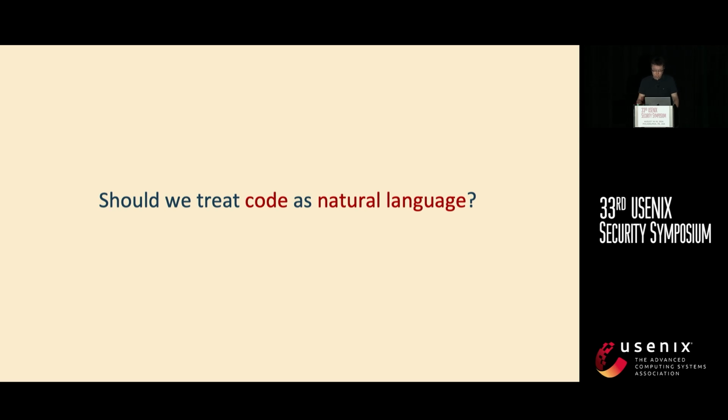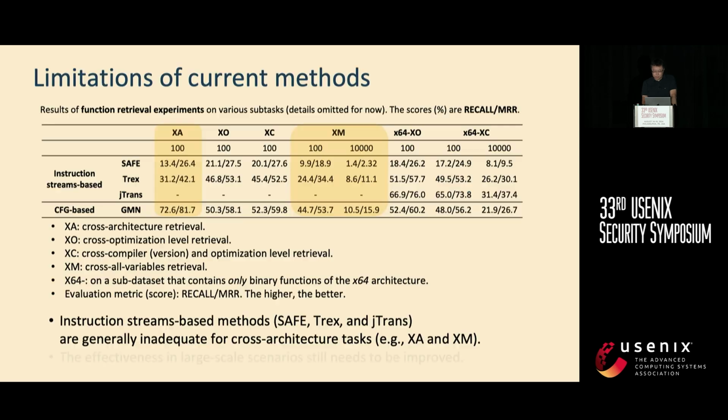Should we treat code as natural language? Our intuition is that it might be convenient and intuitive to process code as natural language, but this ignores many code-specific properties. The previous works and our tests show that CFG, or control flow graph-based methods, are generally more adequate for binary code similarity detection.